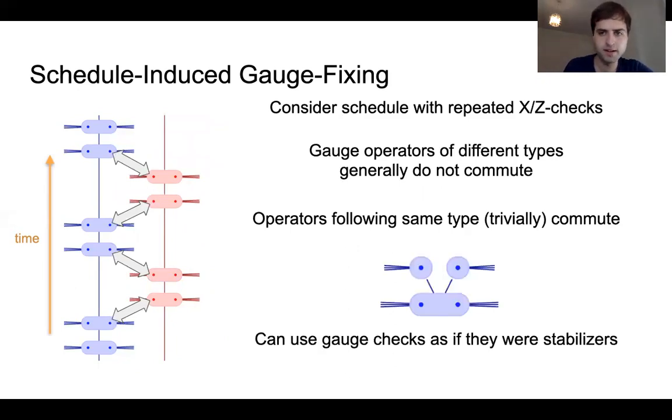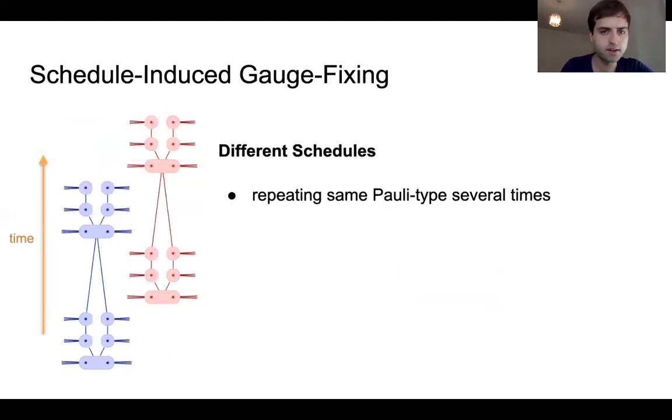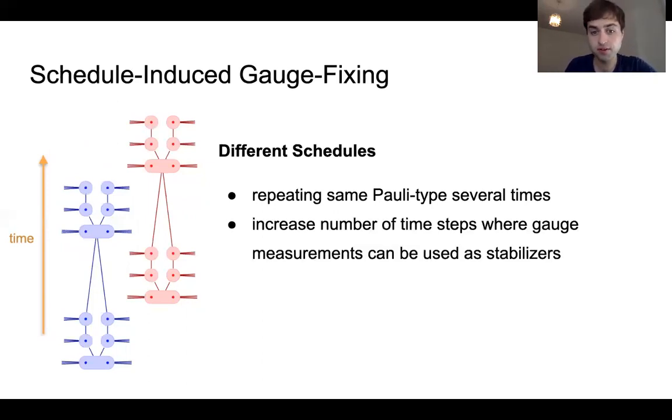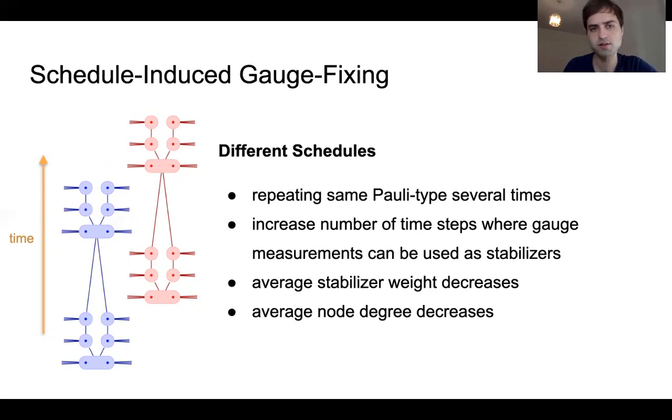So if we repeat a Z check, then after the first measurement, we can treat that gauge operator as if it was a stabilizer, since it's now fixed. And so we can pick various different schedules, repeating the same Pauli type several times, and increase the number of time steps where the gauge measurements can be used as stabilizers, and the average stabilizer weight decreases as a result. And also the average node degree in the matching graph decreases.